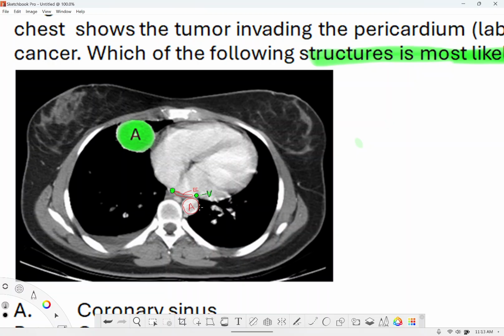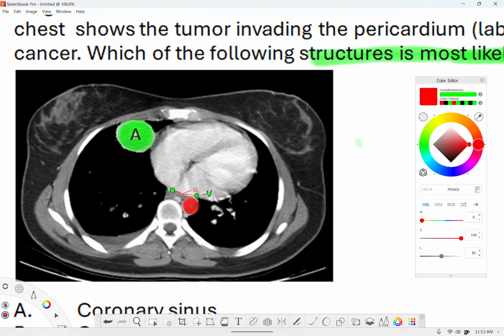The aorta is labeled A. Maybe I can even color the aorta red. So this red structure is the aorta. If that's the case, I should be able to color the esophagus yellow. This is the esophagus.